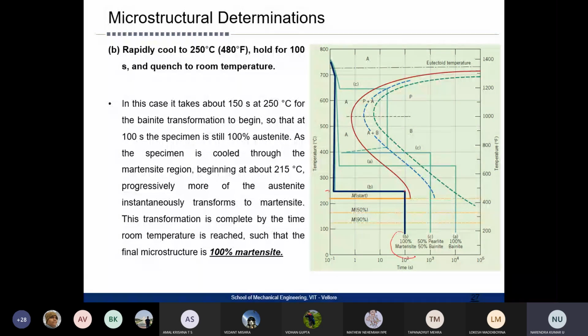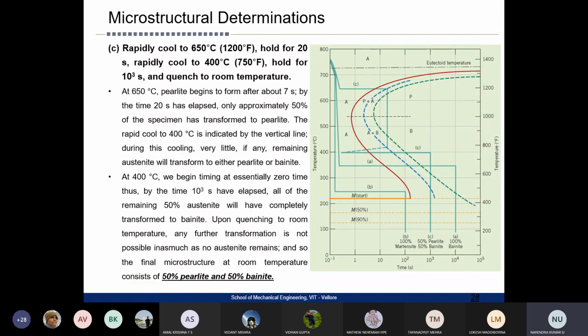So you end up with only 100% martensite structure. The advantage of this one is that if you directly quench from 727 to room temperature, a lot of stress will be there. If you do something like this, the stress in the material generated by quenching will be least. That is the advantage of this particular cooling system.